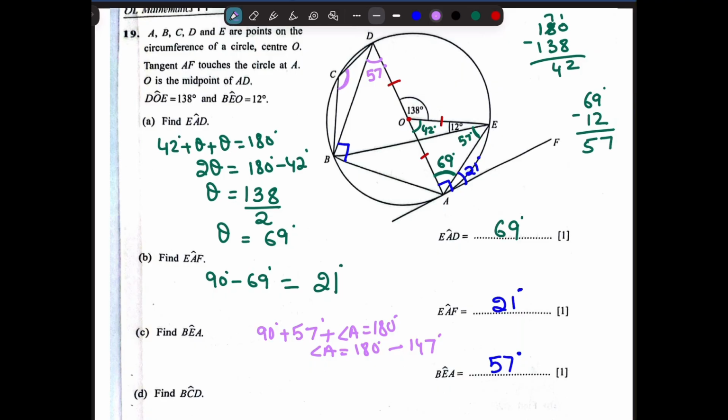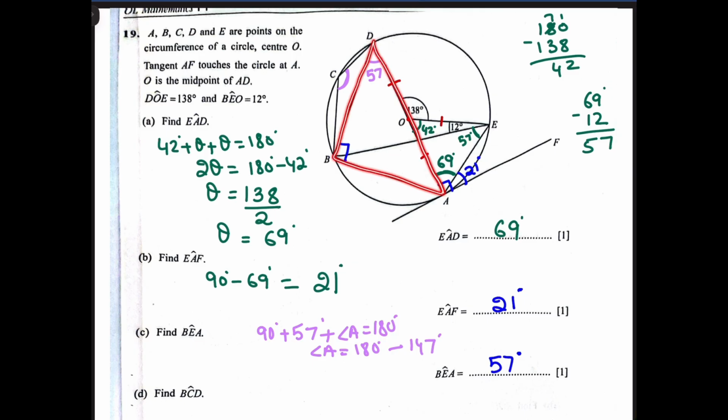If we find this angle, which we can very easily by focusing on triangle ABD, we can find this angle, and then we're going to focus on the cyclic quadrilateral ABCD, right? So angle A and angle C should add up to 180 because they are the opposite interior angles of a cyclic quadrilateral, which is basically their supplementary angles, right?